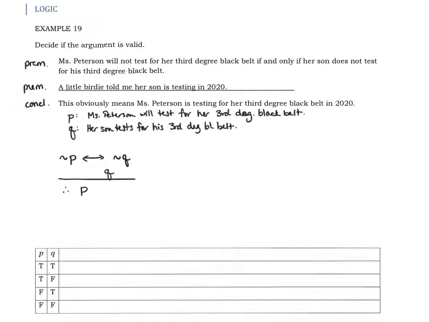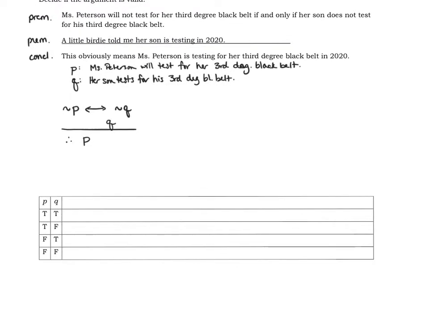Okay. When we write that in the form where we've connected those premises with ands, we would have not P, if and only if not Q, and Q implies P. So again, premise and premise implies conclusion.